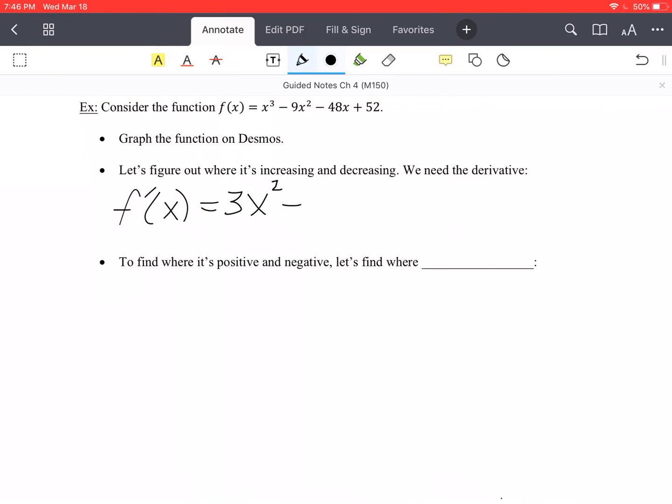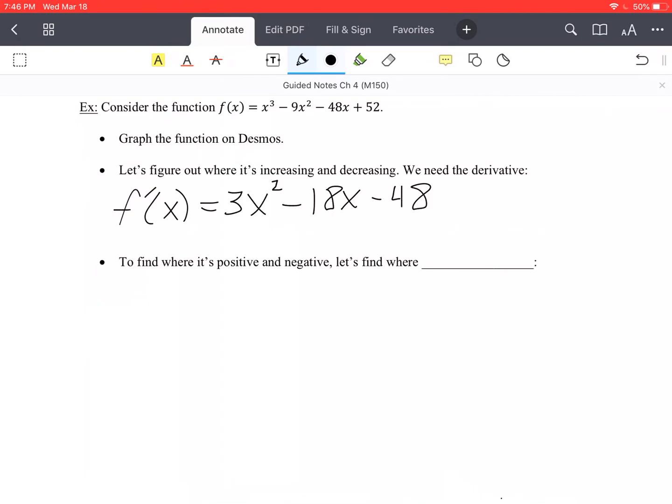And then minus 9 times 2x to the first, right? So that's minus 18x. And then minus 48 times 1, right? Because the derivative of x is just 1. So minus 48. And the derivative of 52 by itself as a constant is just 0.